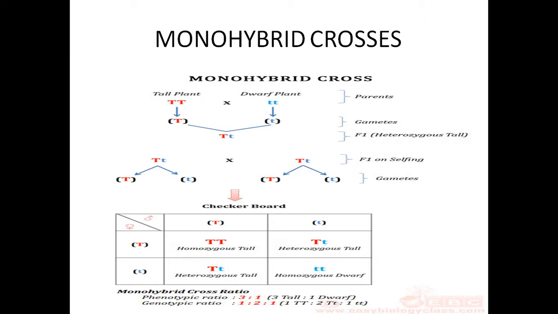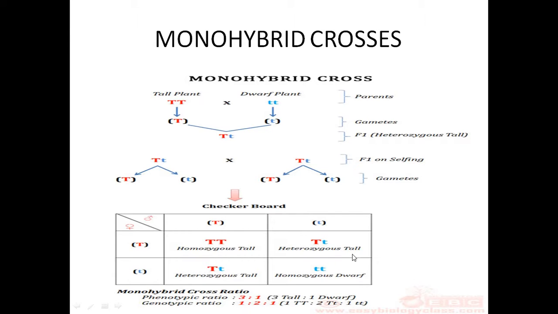So tall is the dominant character, and the character which is not appearing is the recessive character. Short or dwarf is the recessive character.